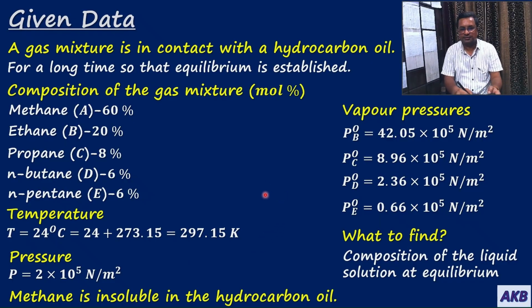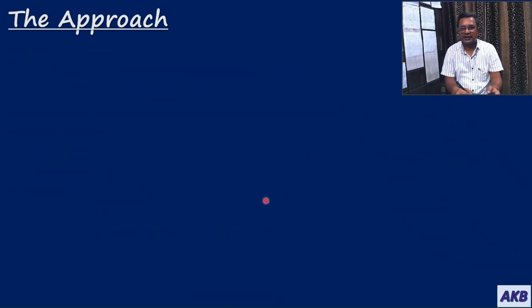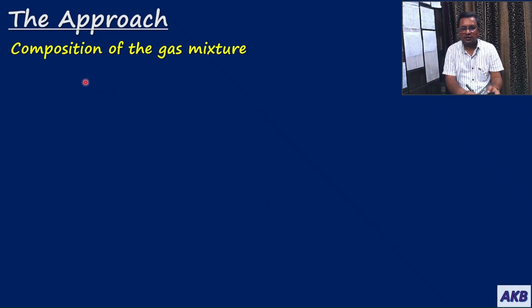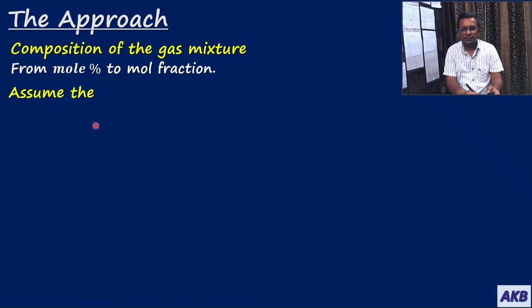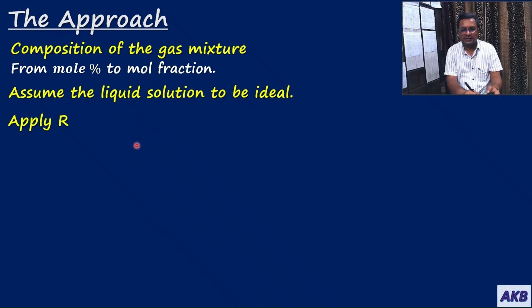Let us move ahead. First, let us understand the approach. We will take the composition of the gas mixture, which is given in mole percent, and convert it to mole fraction. Then, in order to get the composition of the liquid solution, we will assume that the liquid solution is ideal.